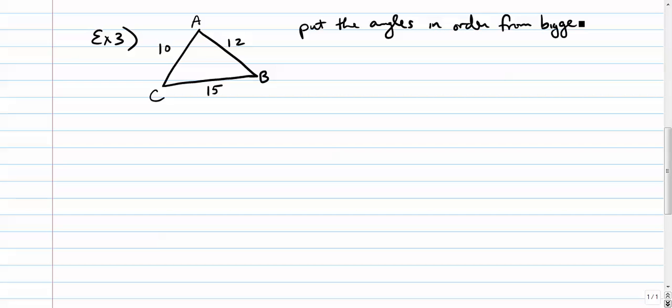From biggest angle to smallest angle. That whole order is going to be determined by the sides.